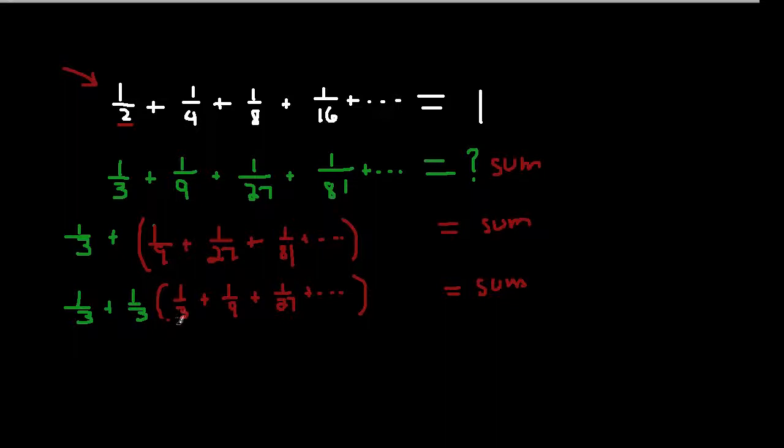But notice this thing right in here is exactly the original sum that we started with. This was this thing up here. This is what we started with. So this itself must sum to the sum. So what I get then is that 1/3 plus 1/3 times sum equals sum.